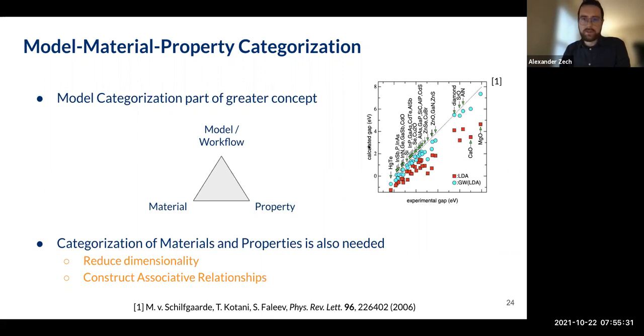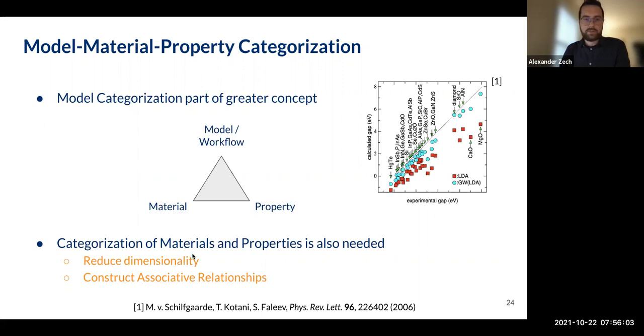For example, the band gap with LDA is seriously underestimated, so it would be important to find combinations of model, material, and property that give us great results. And this requires us to also categorize materials and properties. And this has a few reasons.